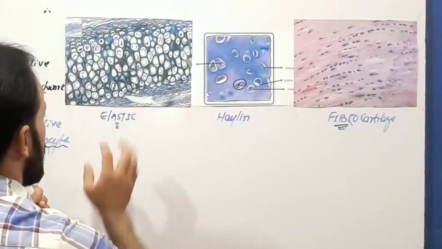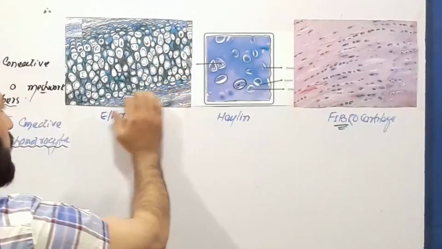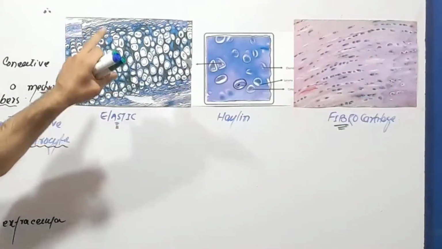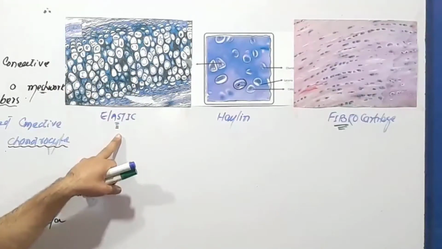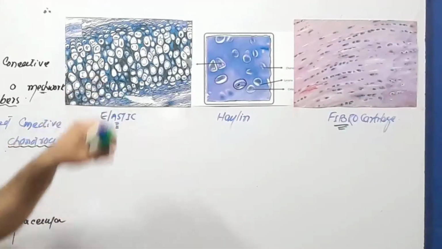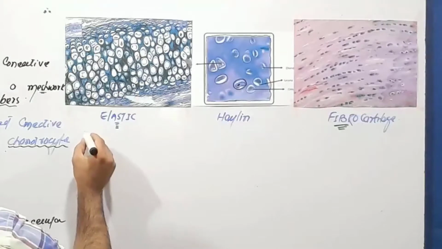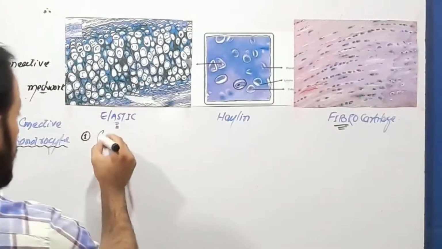We say that elastic cartilage contains more cells than fibers, and the fibers present in this type of cartilage are mostly elastic fibers, that's why this cartilage is a little bit elastic in nature, right?